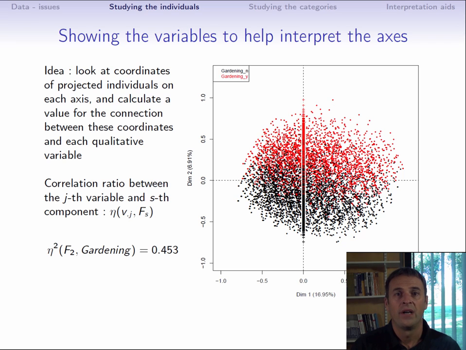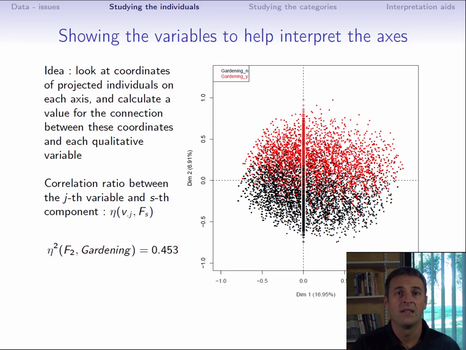Here, the square of the correlation ratio between the gardening variable and the second dimension is 0.453. This plot doesn't allow us to entirely see this, but it does give us an idea of the separation of the points from the different categories of the gardening variable.